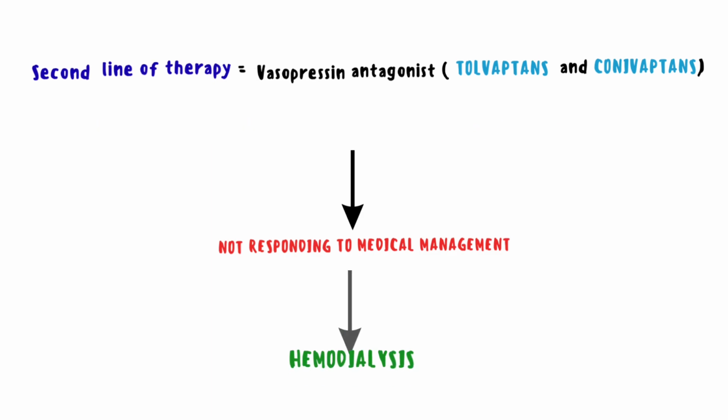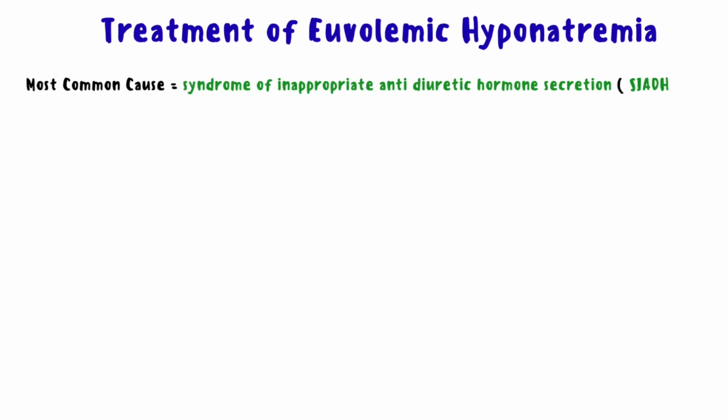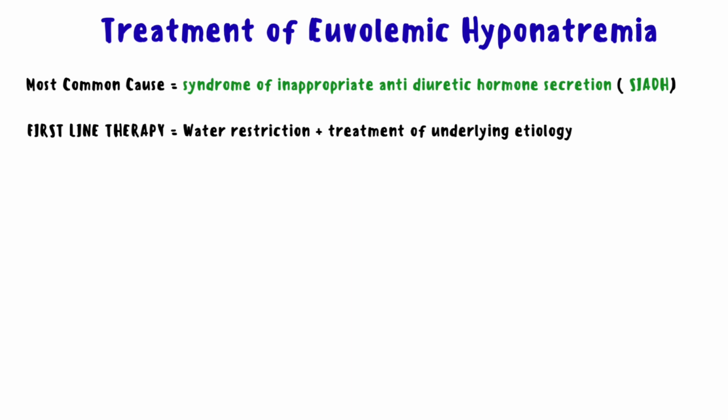In case of euvolemic hyponatremia, the most common cause is syndrome of inappropriate antidiuretic hormone secretion, in short SIADH. We discussed the pathophysiology of SIADH briefly in this video prior to this. The standard first-line therapy is water restriction alongside treatment of the underlying etiology.